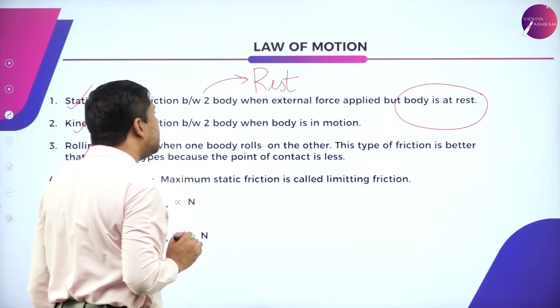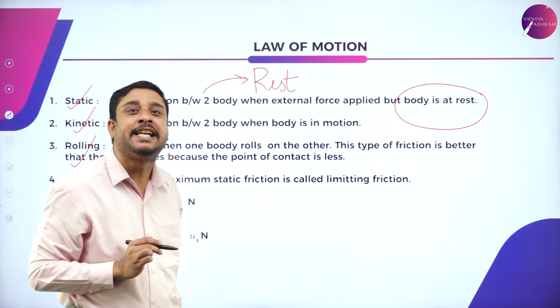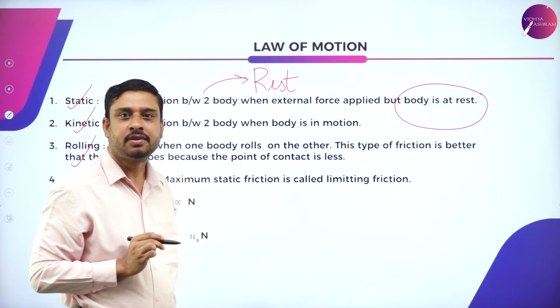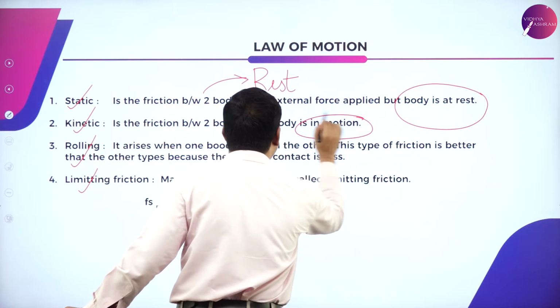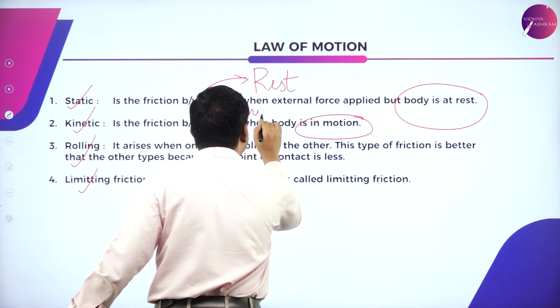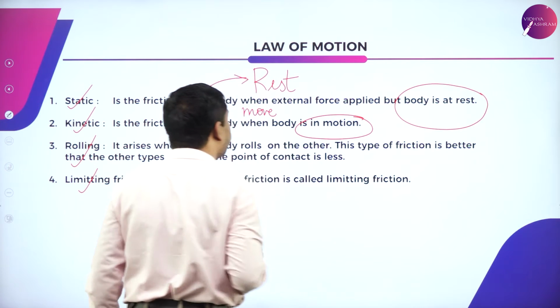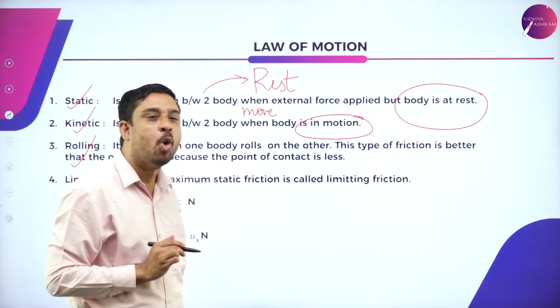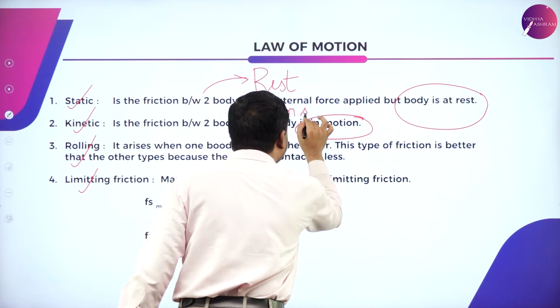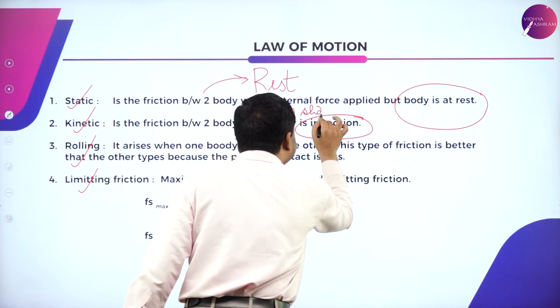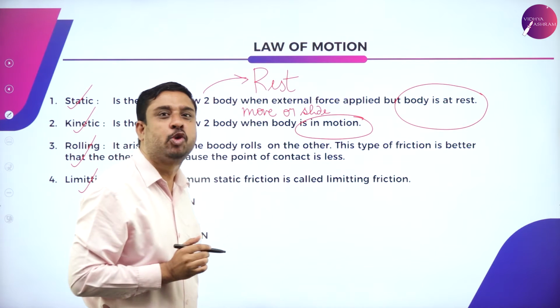The second one is called kinetic friction. The moment I say kinetic friction, it means the two surfaces move, or slide, with respect to each other.